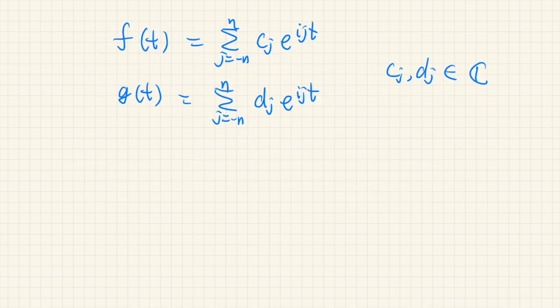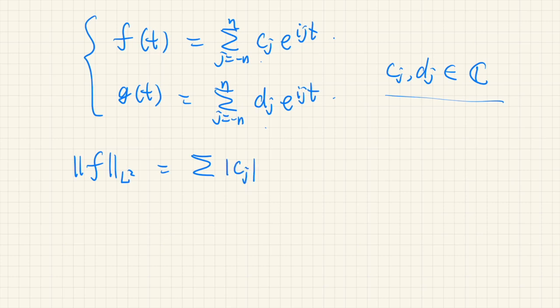Now let's consider these two functions that are expressed as trigonometric polynomials, where the coefficients Cj and Dj are complex numbers. For these functions, we have the following. First, the norm of f is expressed as the sum of squares of the absolute value of the coefficients.